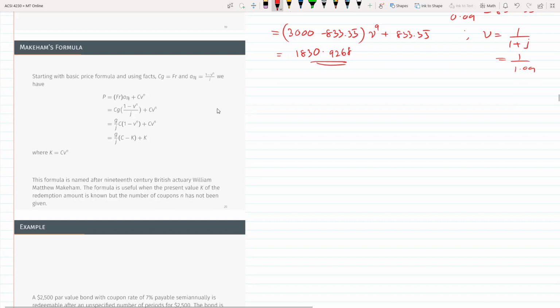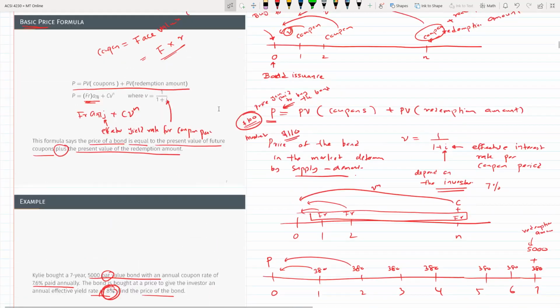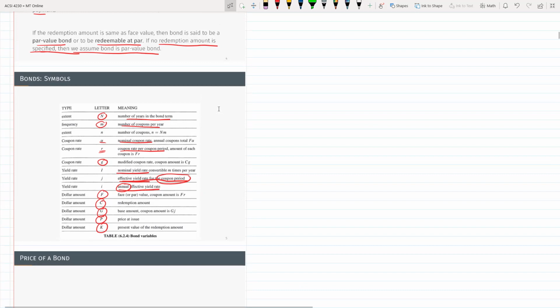Okay, so here is the last formula we are going to use. Again, we can start from the basic price formula. P is FR and J plus CVN. Then the present value of redemption amount, the notation is K, which you need to memorize.